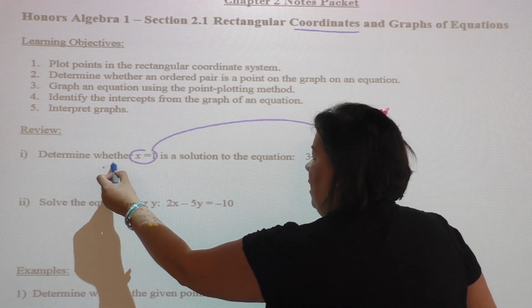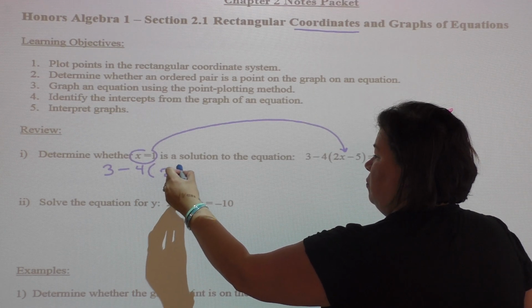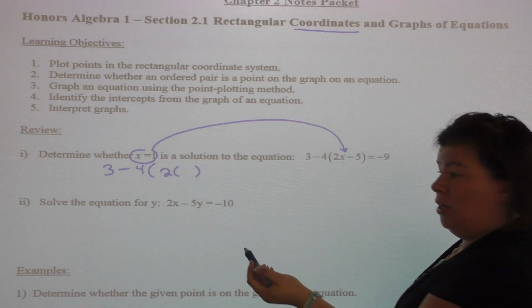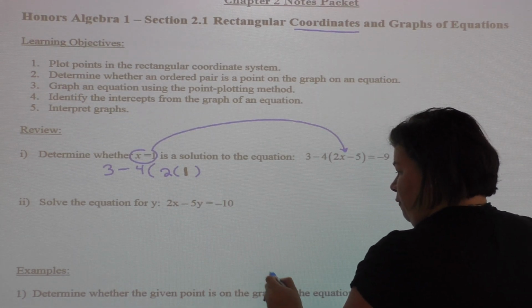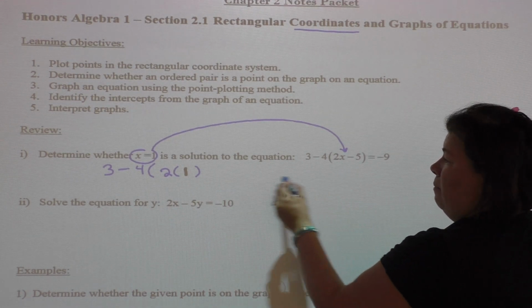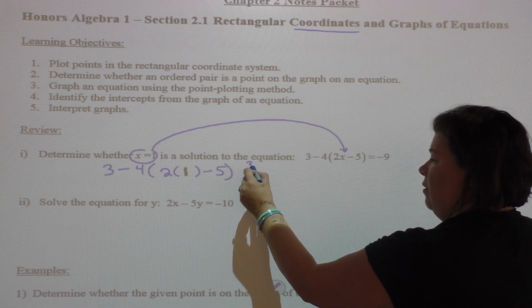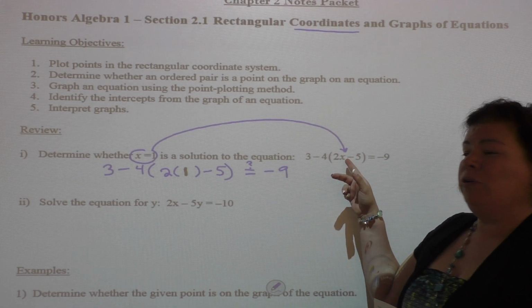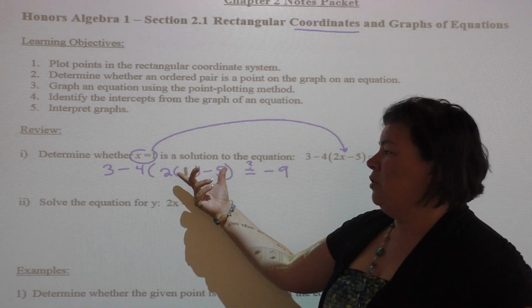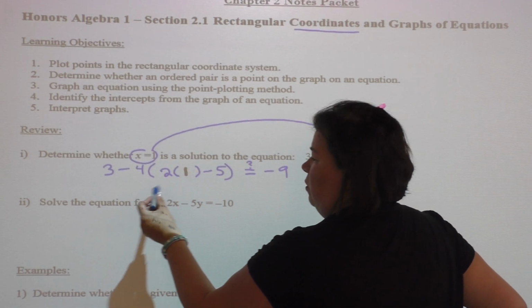So if we try 3 minus 4 times the quantity 2 times, now we're going to substitute in 1, 4x, and then minus 5 equals, does it equal negative 9? That's what we're asking. So remember, we're going to do order of operations first, which is the innermost parentheses: 2 times 1, which is 2.